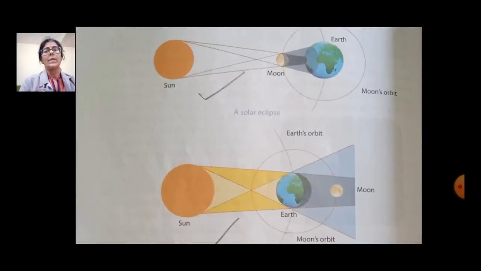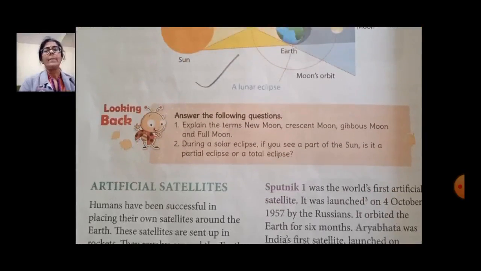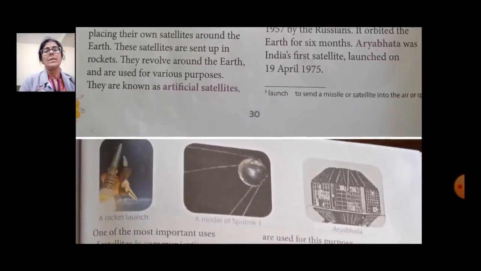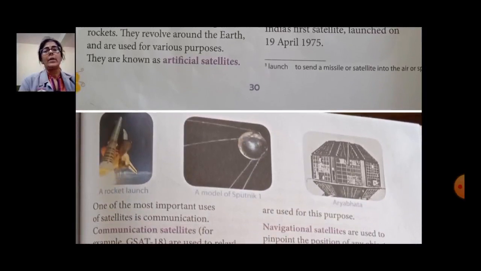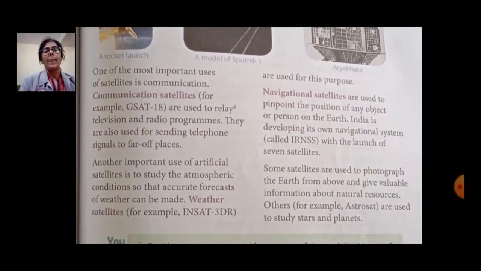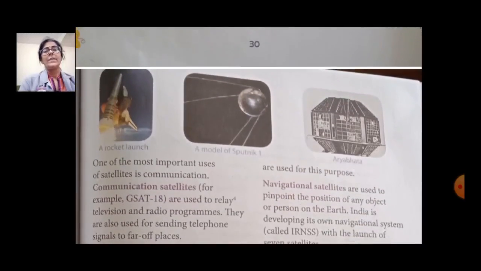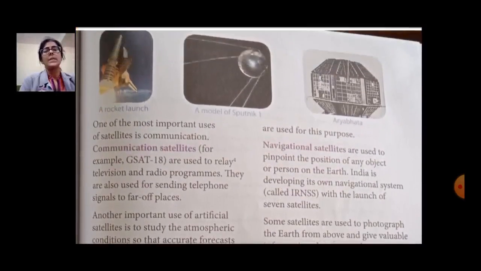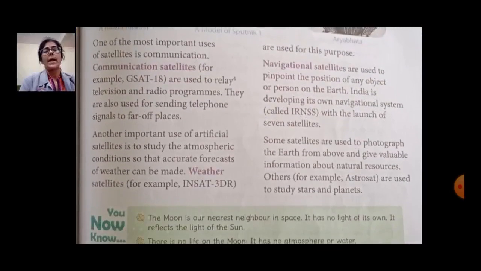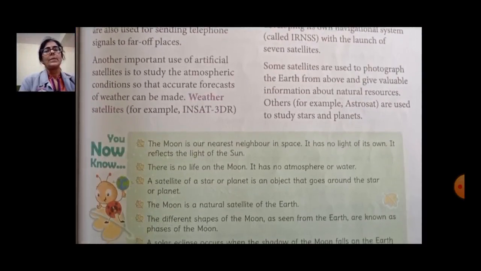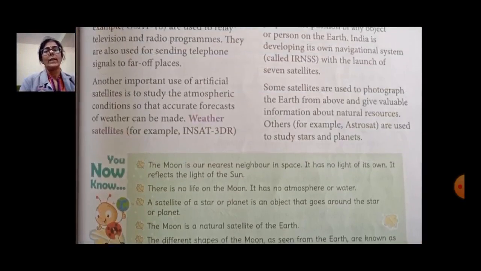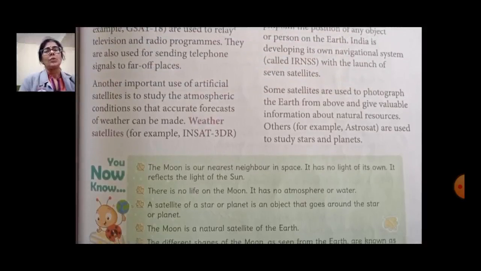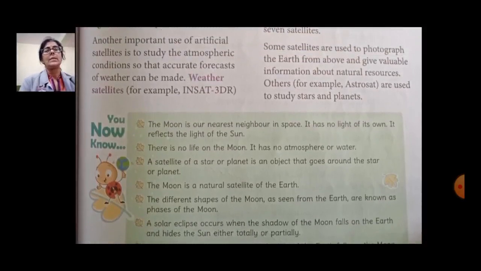Here you can see the picture, right? Then artificial satellites, how they are useful to us. There are different satellites for different uses: communication satellites, for photographs, for navigation, right? For forecast, meaning weather condition. So this way we can use the satellites.